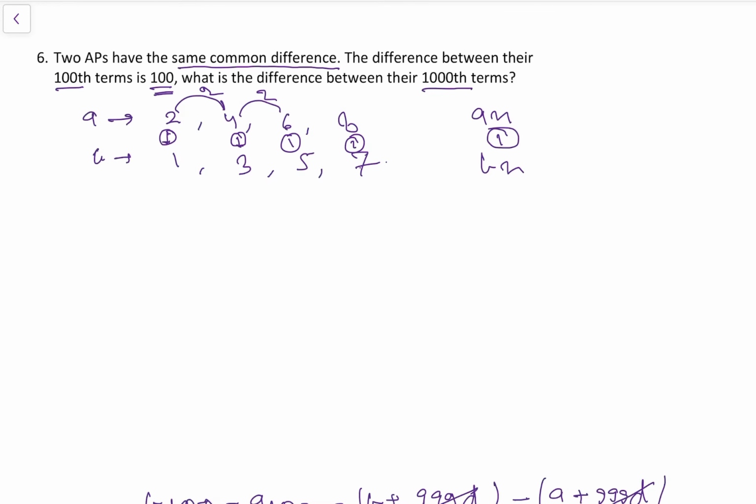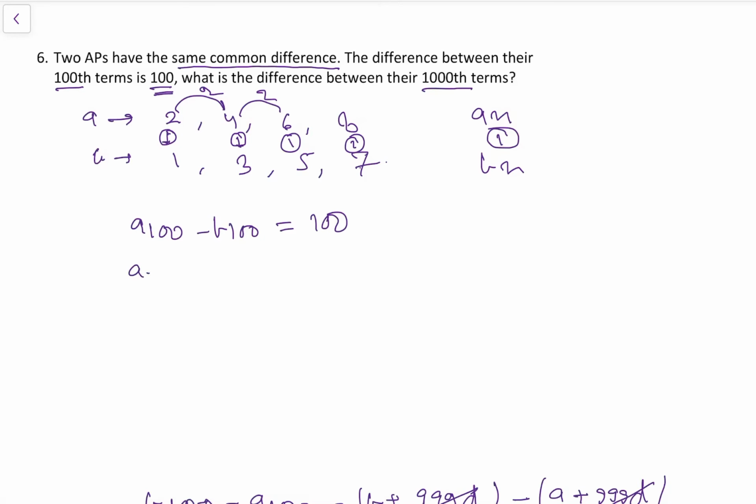Okay, now let's solve this as a mathematical formula. Assuming there are two series A and B, we'll have A100 minus B100 is equal to 100, because the difference between the two terms is 100.